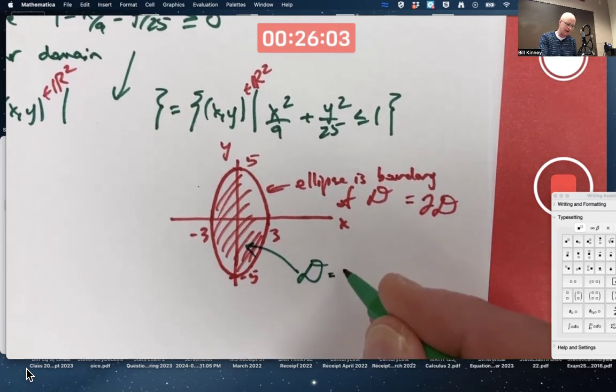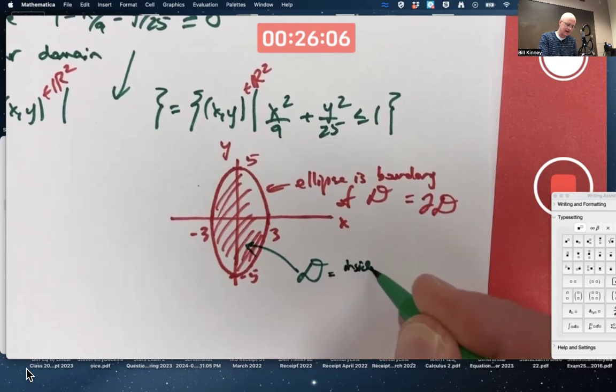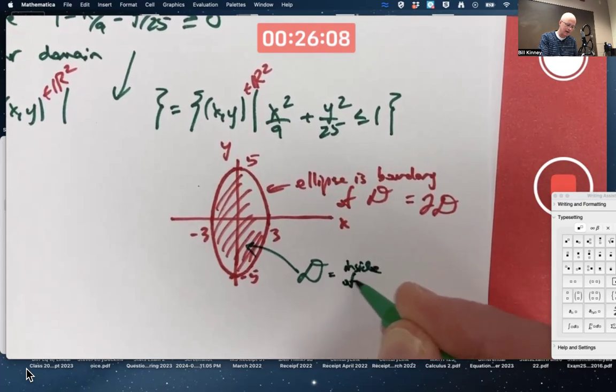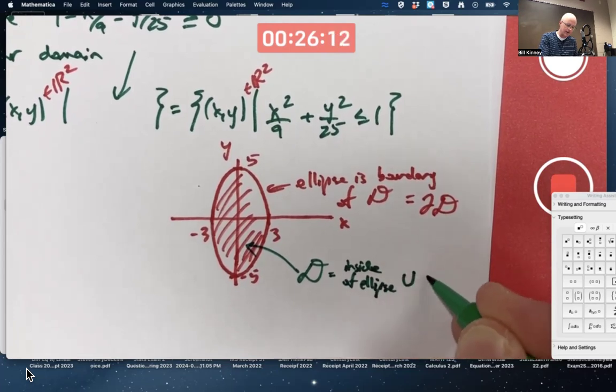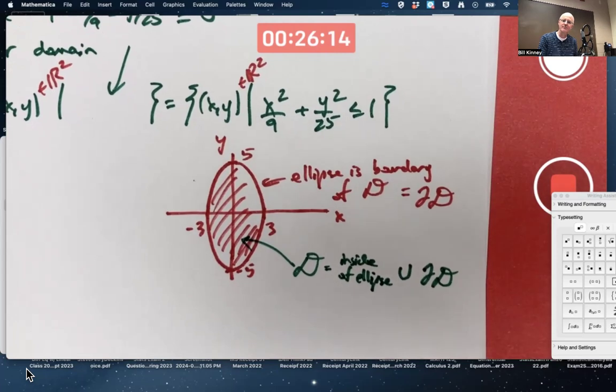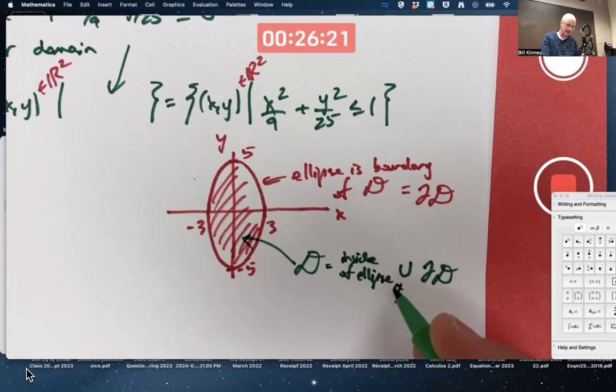This is the union of the inside of the ellipse unioned with the ellipse itself, which is the boundary of D. This is the union symbol. It just means combine the sets.